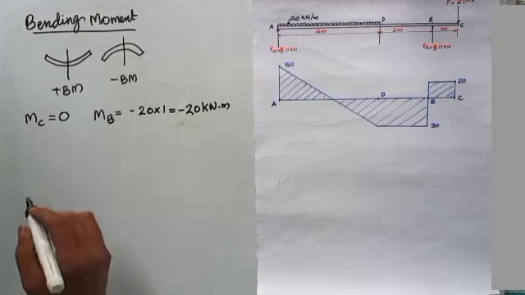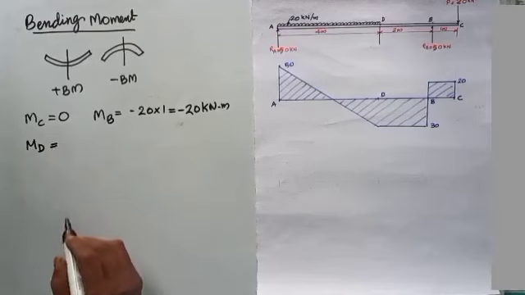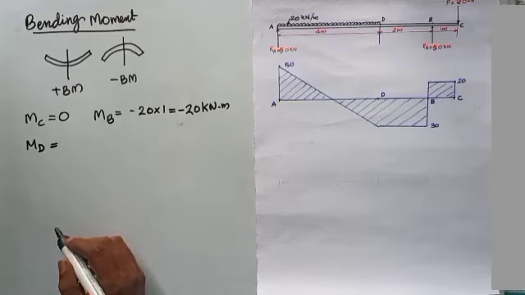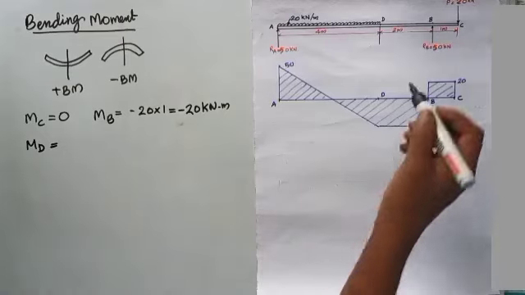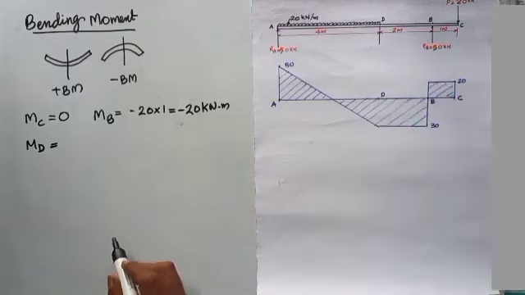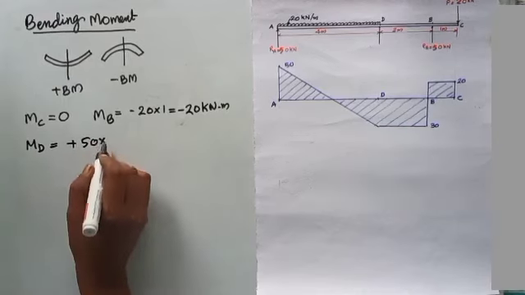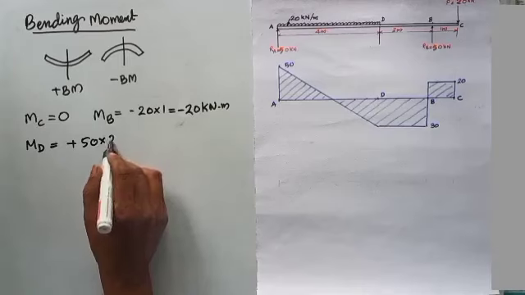Now the bending moment at D is equal to bending moment of all values in the right side of D. So first we consider reaction RB. RB is acting right upwards, right upward meaning this case. So that will be positive, plus 50 into distance is 2 meter.